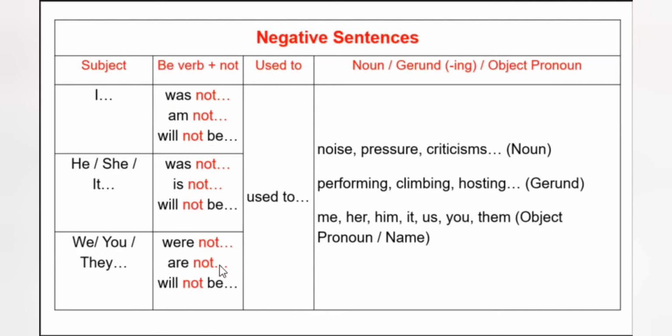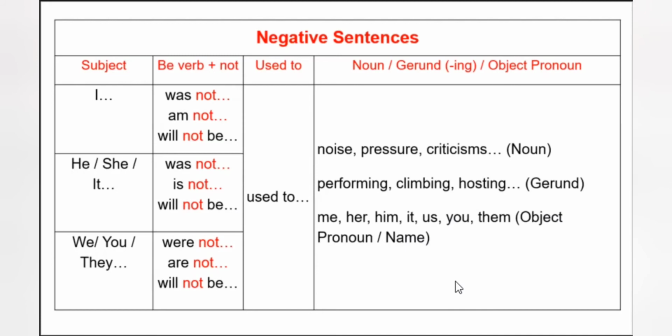So the same pa rin dito sa baba. So contractions are also possible, like wasn't, won't be here. Here below, weren't, won't be. And then followed by used to. The same as what I said earlier: it can be a noun, gerund, object pronoun, name, or noun.